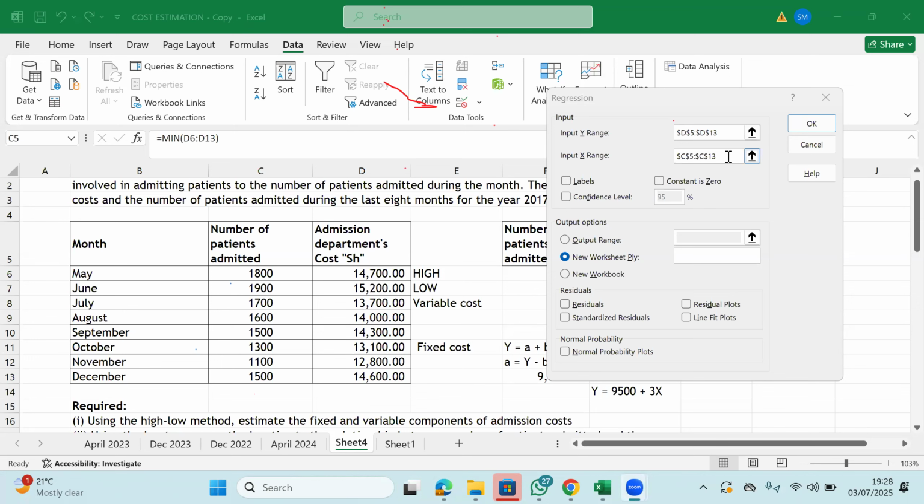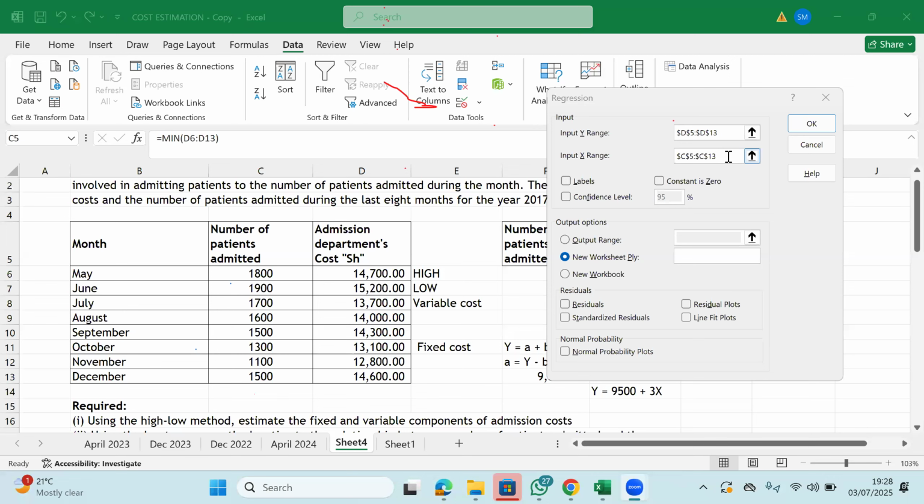Then, after identifying our X and Y ranges, we have those three other boxes that follow. So we have the Labels, Confidence Level, and Constant is Zero. Mark you, when we were selecting our Y range, we selected the label, or the title in layman's language.